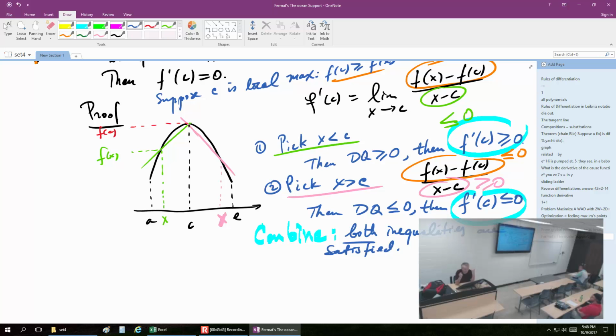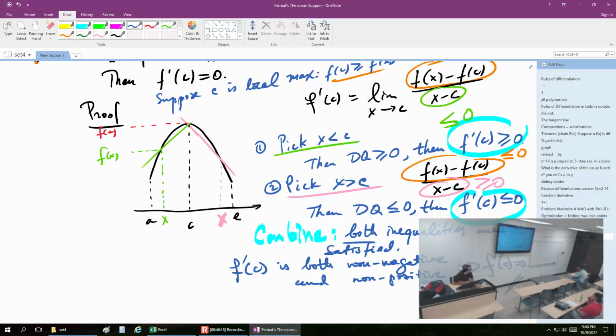So we're talking about the same number. So f prime of c is both non-negative and non-positive. So what is it? It is 0. F prime is 0. That's the only way it can work.